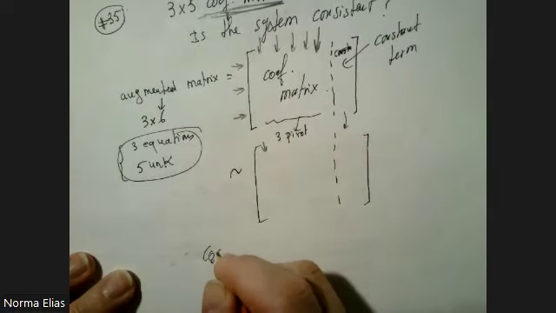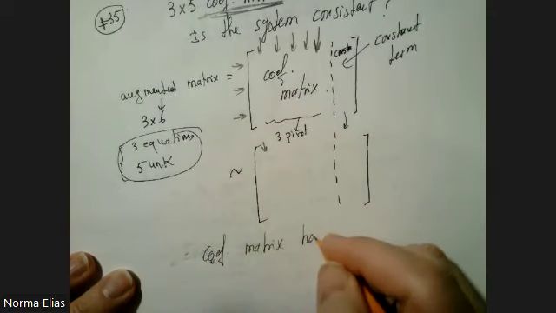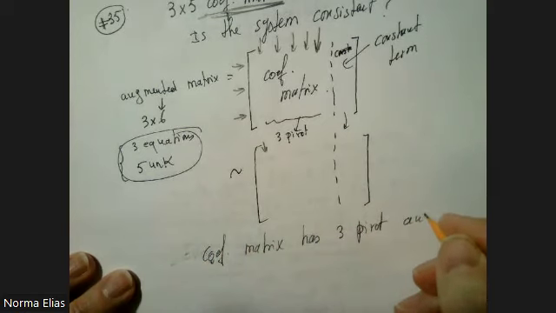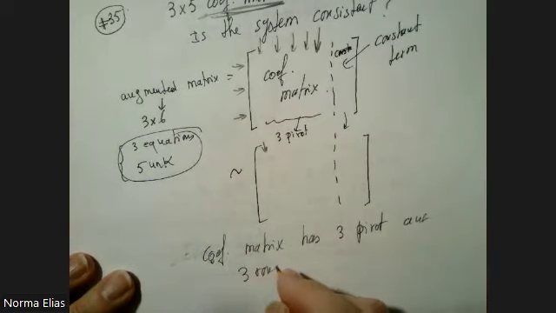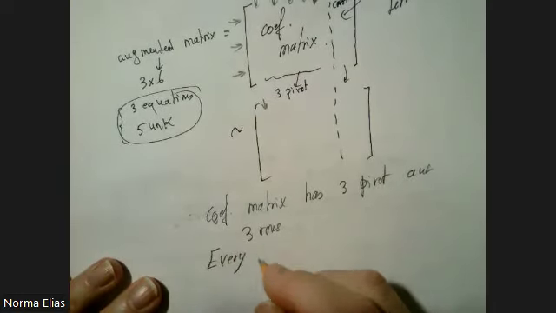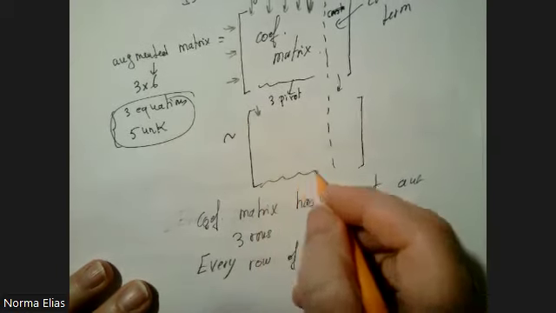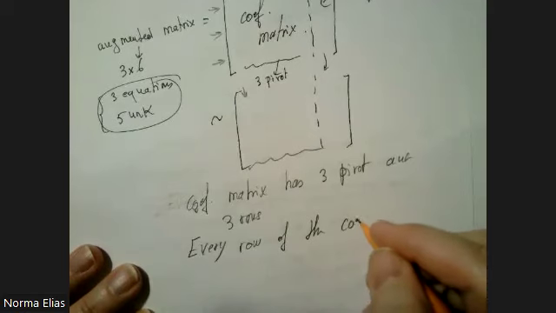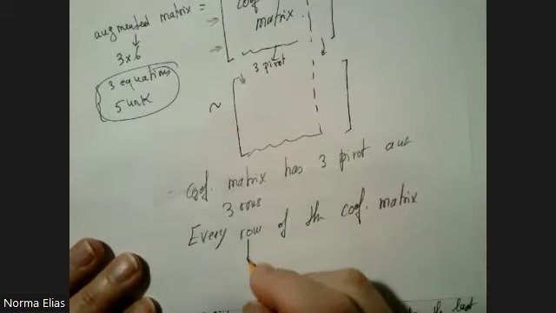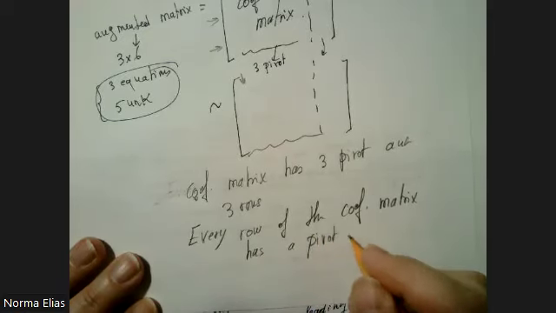the coefficient matrix has 3 pivots and 3 rows. It means every row of the coefficient matrix has a pivot, or a leading entry, whichever you want to call it.